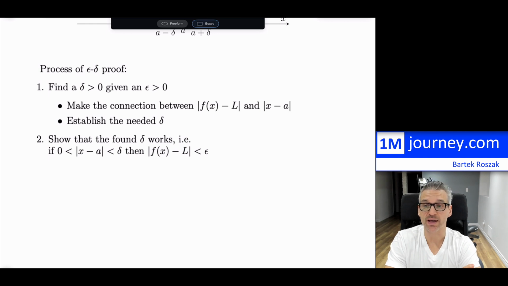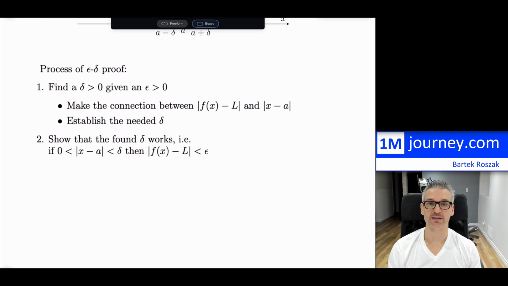And then you're going to be making a connection between the function and the limit, and then the actual small little interval between x minus a, where delta is actually restricting it. So we're going to be establishing a delta. And then once you're done that, you have to find if that delta that you have found works.